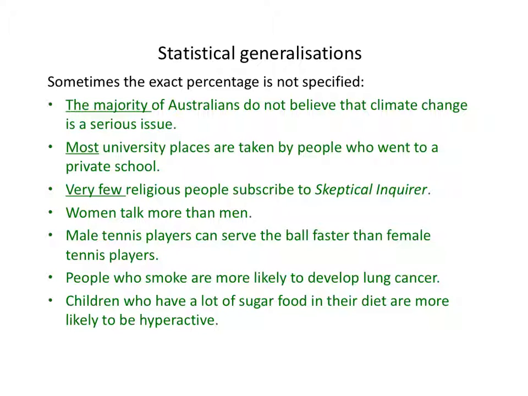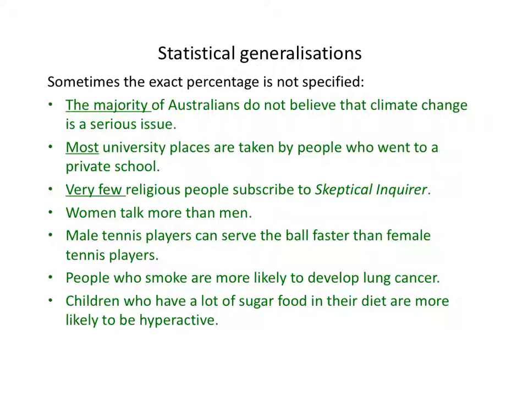A very important type of statistical generalization is illustrated by the last four examples here. Male tennis players can serve the ball faster than female tennis players. People who smoke are more likely to develop lung cancer than people who don't smoke. Children who have a lot of sugar in their diet are more likely to be hyperactive than children who don't.